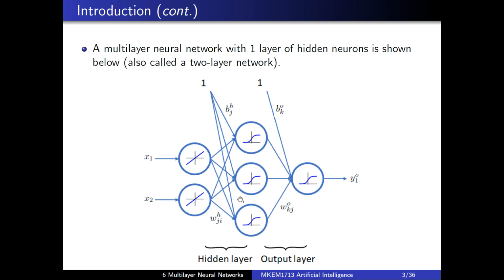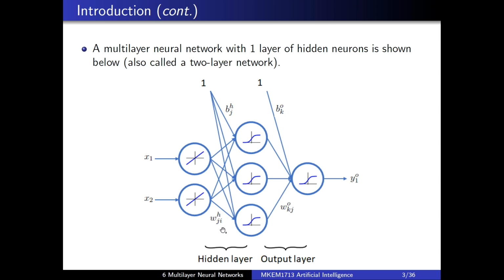Similarly, each neuron in the hidden layer is fully connected to every neuron in the output layer. It doesn't have to be this way, but this particular model is called a fully connected artificial neural network. Between each pair of connected neurons, we have weights.